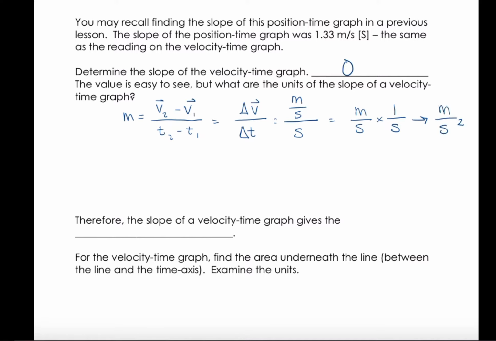These units, meters per second squared, should be familiar to you, and those are actually the units for acceleration. Therefore, the slope of any velocity versus time graph gives you acceleration.